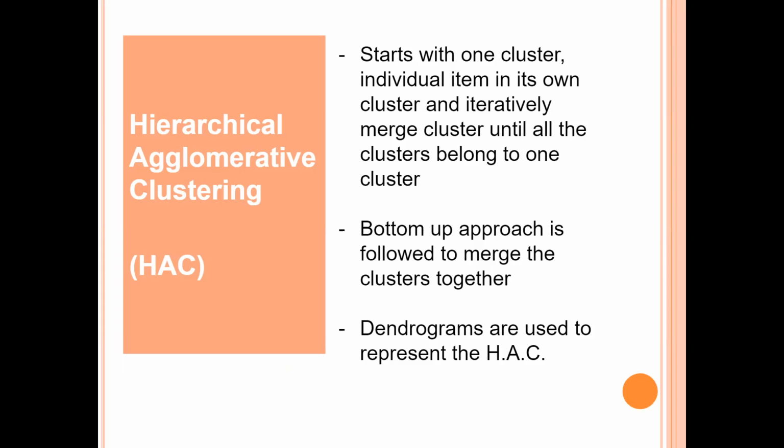Here we are having individual data points, and when this algorithm works, it will combine the data points based on their similarities or based on the distance. Third point is dendrograms are used to represent the HAC. Here, as I told you, dendrograms are simply tree-like structures.